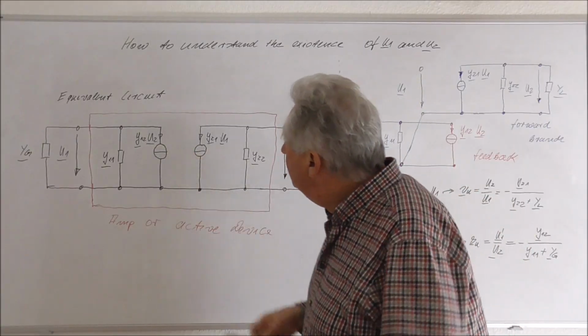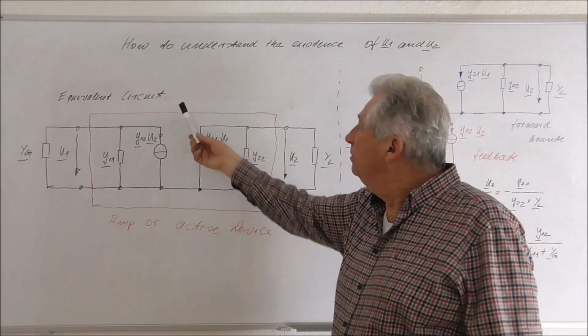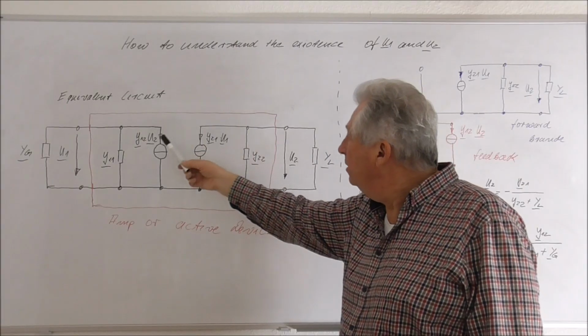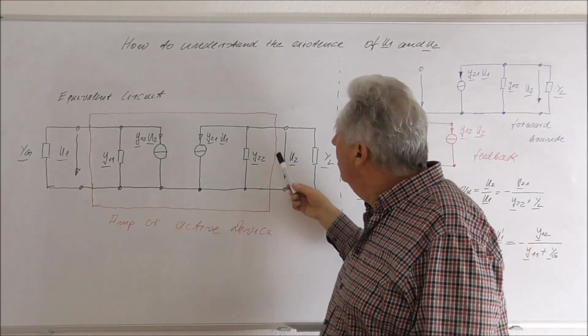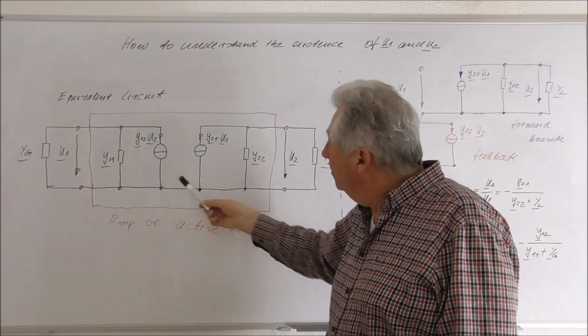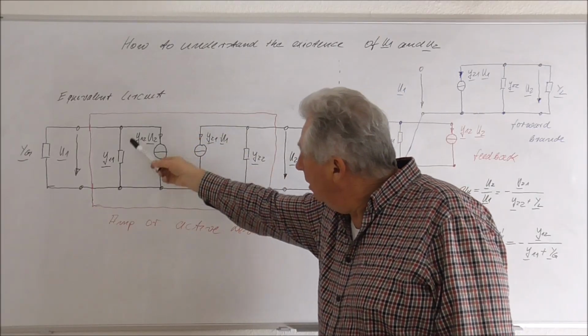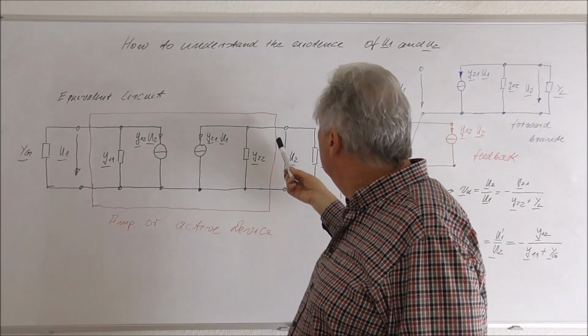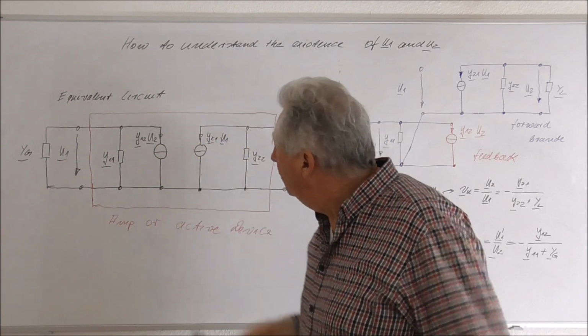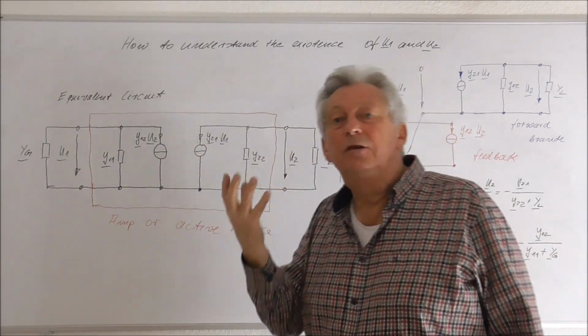What I did here is to set up the equivalent circuit of this active device, which is described by our Y parameters. So this is the internal circuit of the Y parameters.